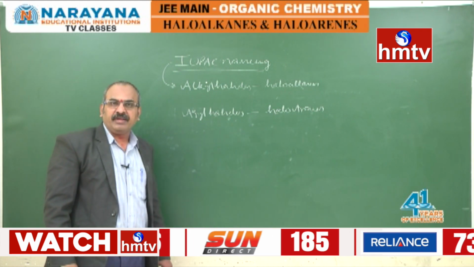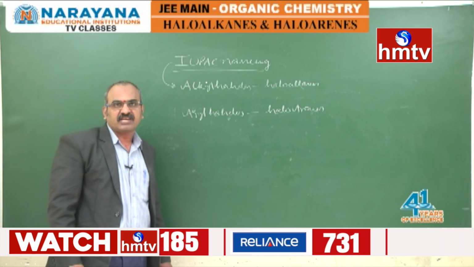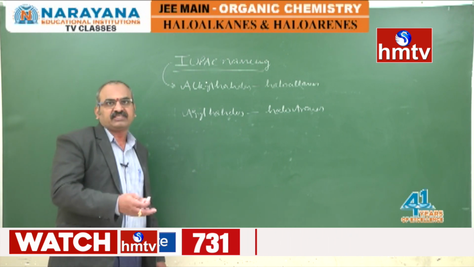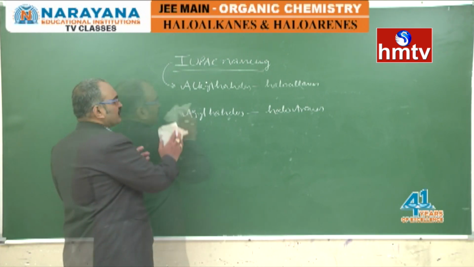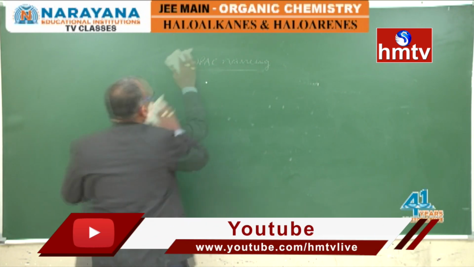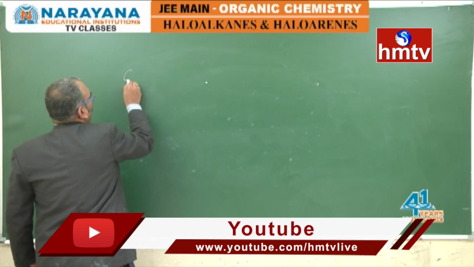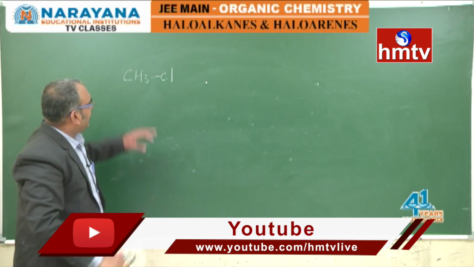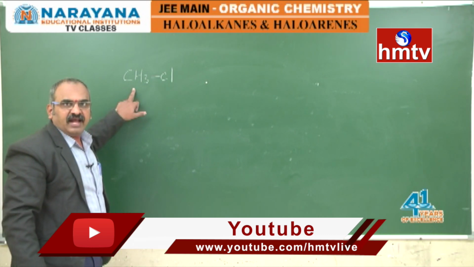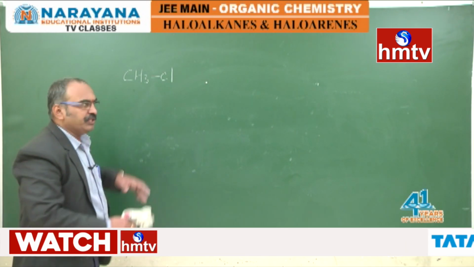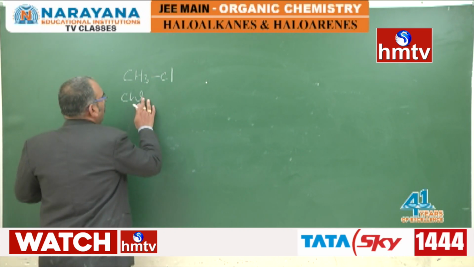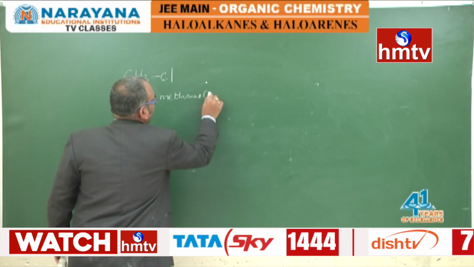In systematic naming, the halogens are always considered as substituents. Let us take up the names one by one. This is obtained by replacing a hydrogen atom of methane with chlorine. That's why it is called chloromethane in the IUPAC system.